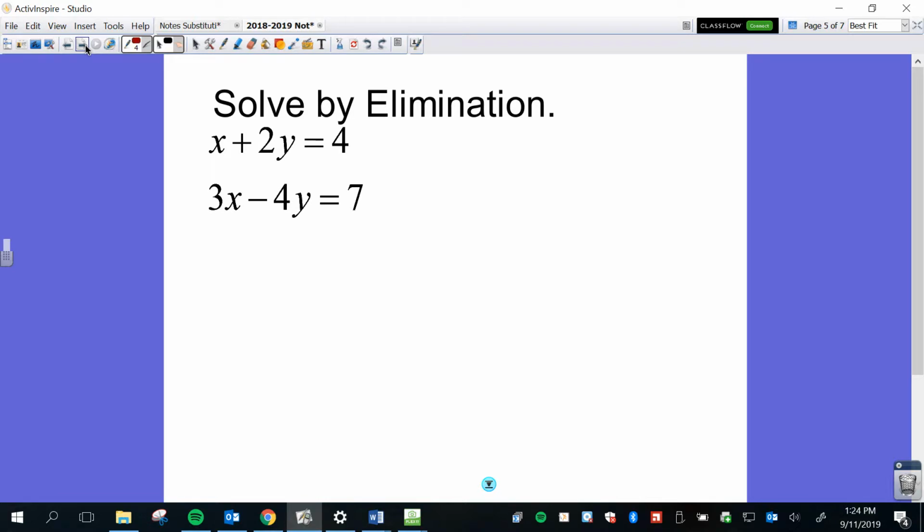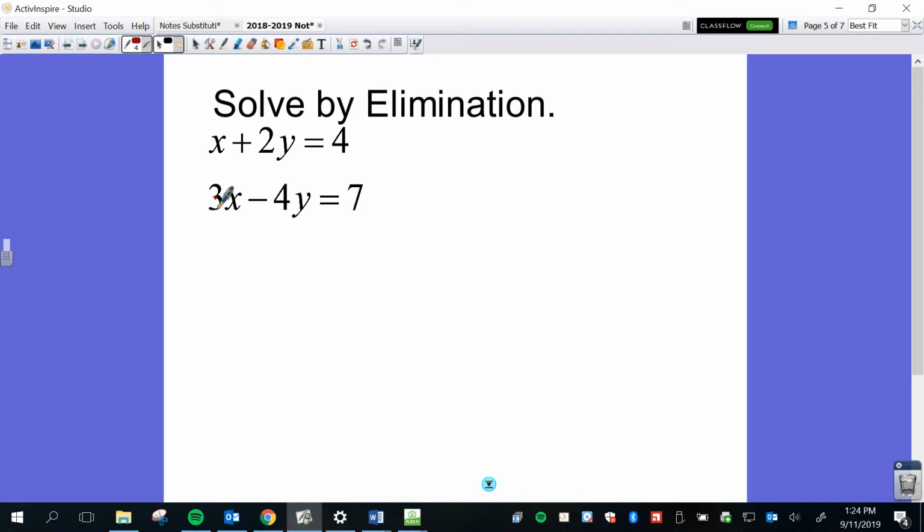Positive and negative what? Can I turn one of these into the other? Can I turn 2 into 4? Yeah. 2 times what makes 4? 2 times 2 makes 4. So if I multiply this by 2, wouldn't that make a 0 pair? Yes? Are you with me?